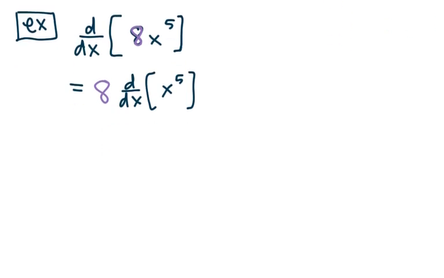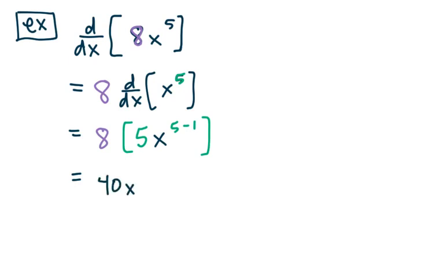So, using my power rule here, the 8 would remain, and the derivative of x to the 5th is going to become 5x to the 5 minus 1. And this would simplify. 8 times 5 is 40x to the 4th.